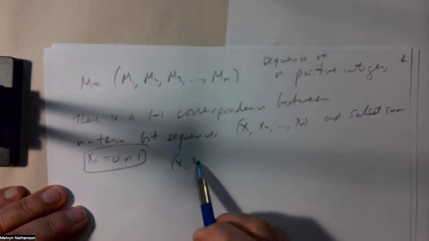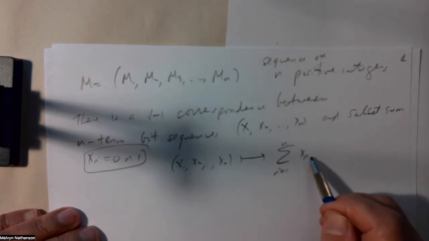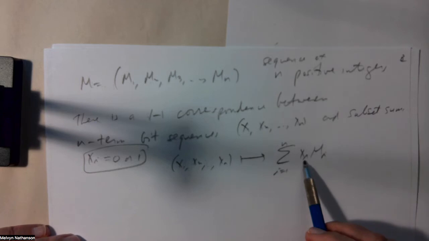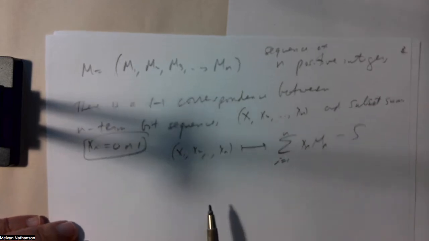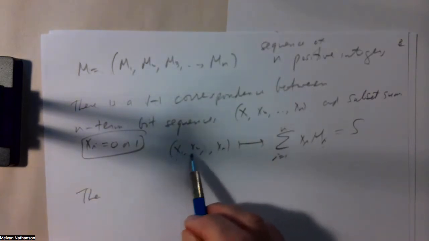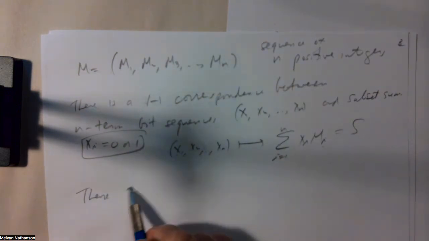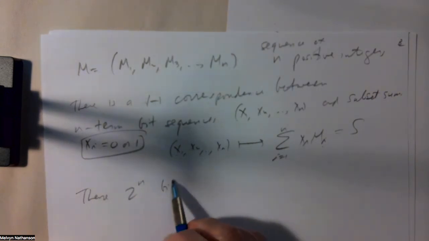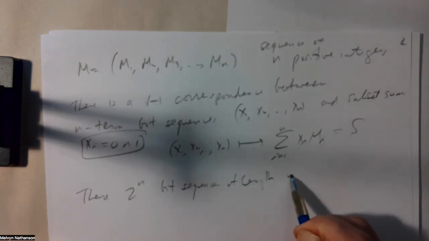And to every bit sequence, x1 up to xn, you take the sum, i goes from 1 up to n, xi mi. So if xi is 0, you're not counting mi in your sum. If xi is 1, you are counting it. You get S. And how many bit sequences are there? For each of these n coordinates, you have two choices, a 0 or 1. So there are 2 to the n bit sequences of length n.